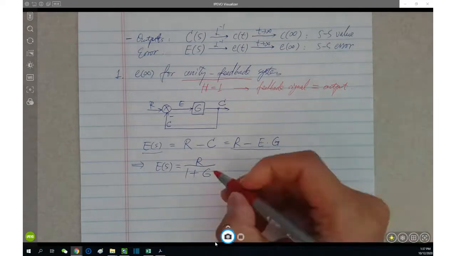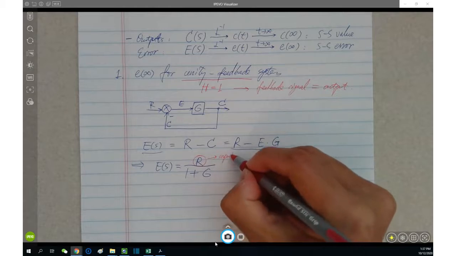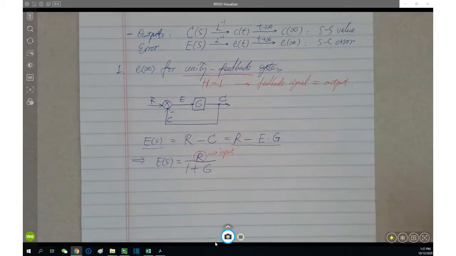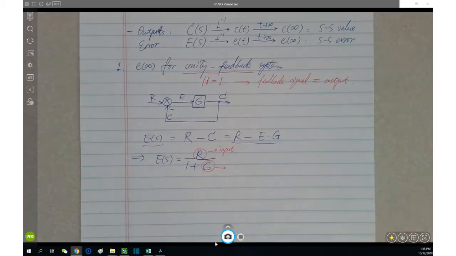The key is, this is the input, right? What is G? Transfer function.